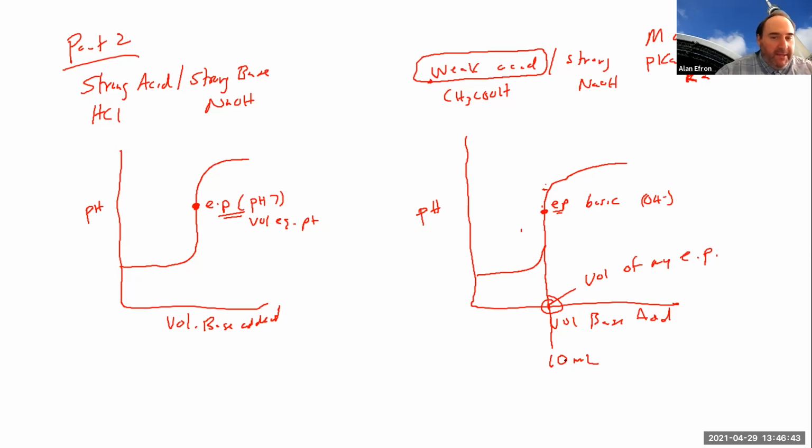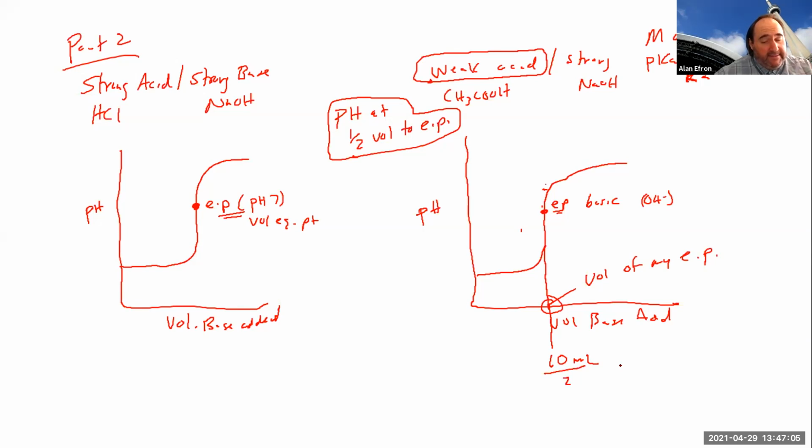The next really important volume is the pH at half the volume to the equivalence point. That's a lot of words to basically say my equivalence point volume is 10 in my example.